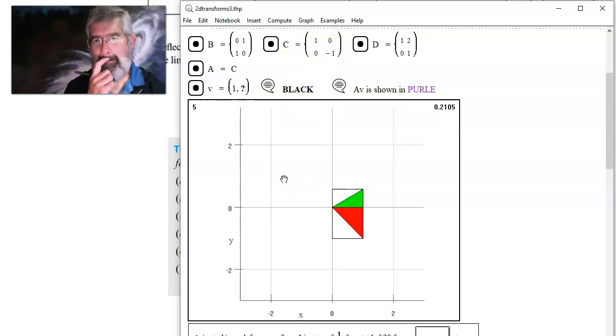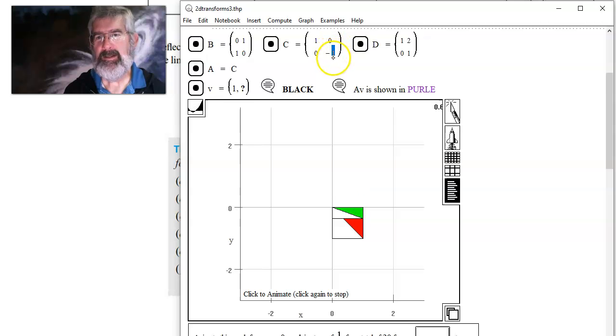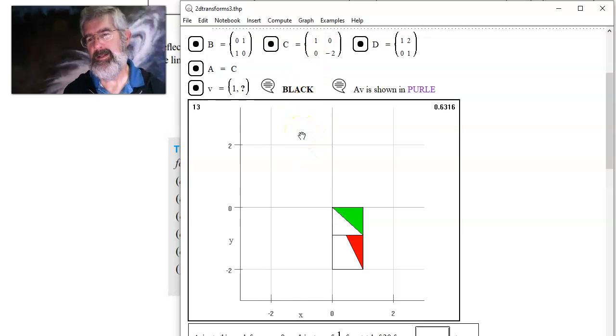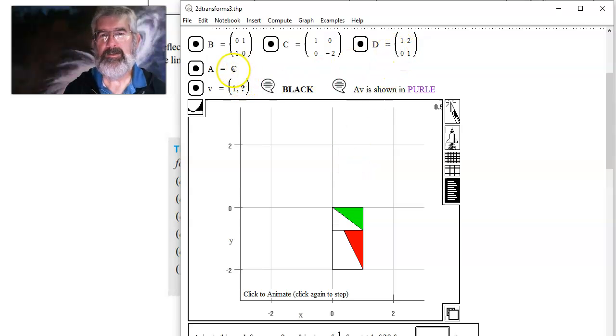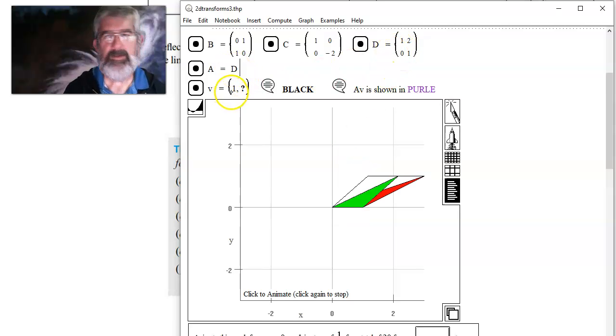This is reflection across the x-axis. This would be reflection across the x-axis and an expansion in the y direction. And this last one over here, D, is a shear.